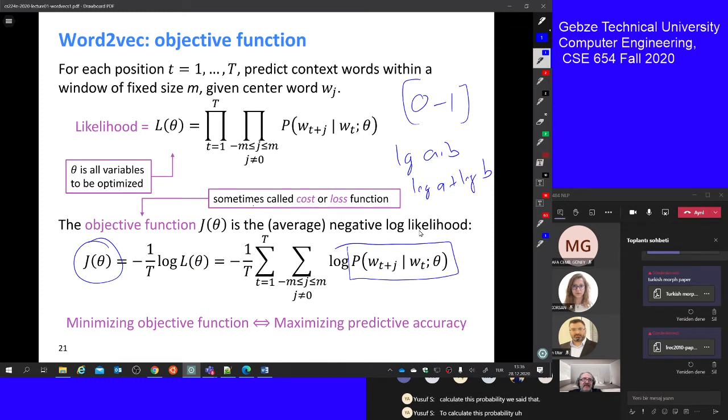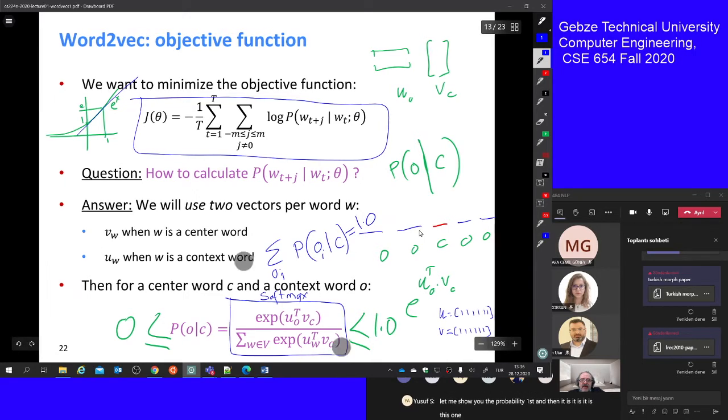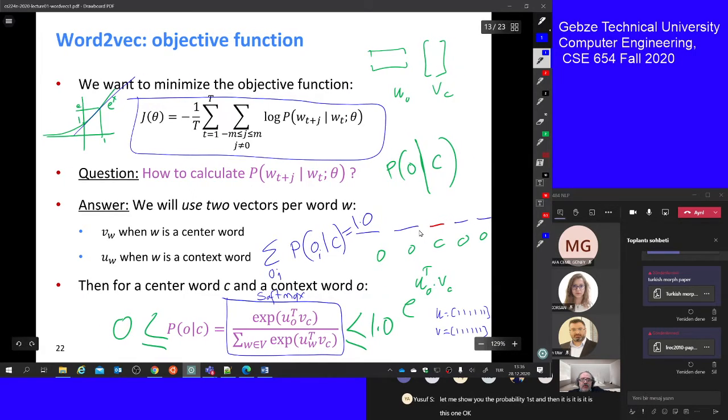And to calculate this probability, we said that each word will have a vector. Using those vectors, we are going to calculate this probability. Let me show you the probability first, and it is this one. We called this softmax last time.